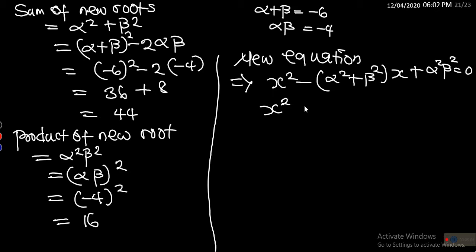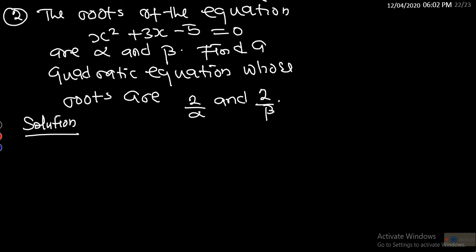We know the sum of the new roots is 44 and the product of the new roots is 16, so we have x squared minus 44x plus 16 equals 0, and then we have the new equation. Very simple and straightforward, guys.